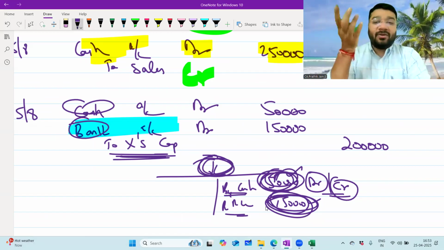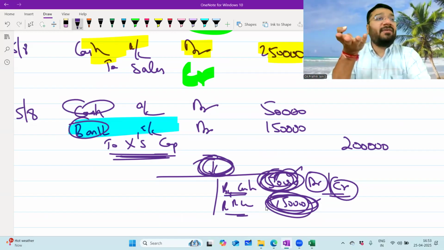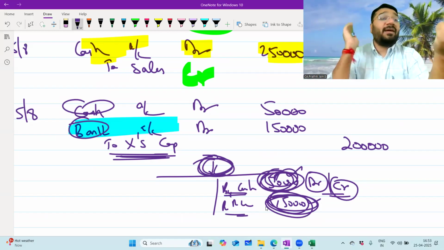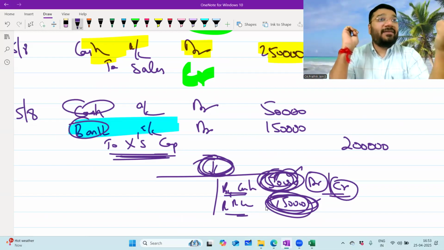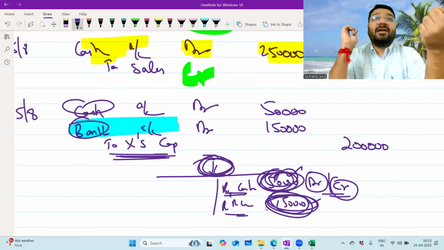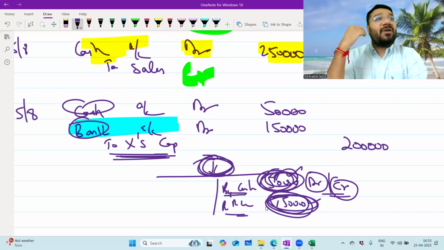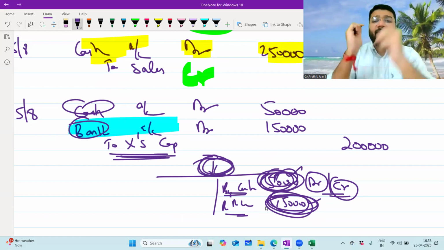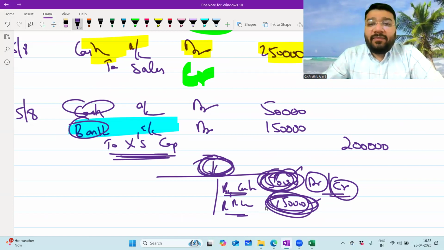You're telling credit: 2 lakh is there, 50 and 150 is there. I don't know what people are thinking. Anyways. Credit. All credit. Okay. Online people, what do you say? Are 50 and 150 the debit part or the credit part of the journal entry? Credit, sir. Credit.